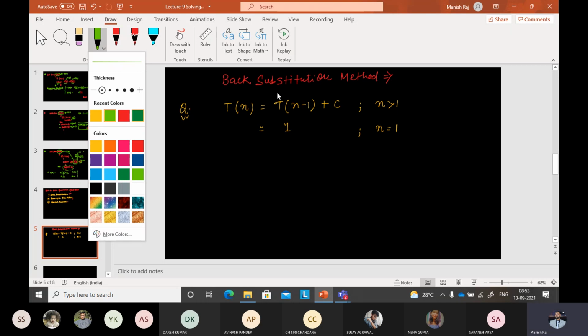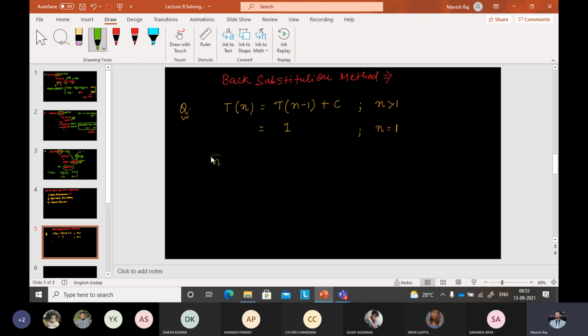Some problem of size n is given, and this problem is reduced to a problem of size n minus 1, and some constant work done is needed for that. You can write here work done. Now you can understand that we are reducing the problem into n minus 1, and some work done is there. After that we can solve this.